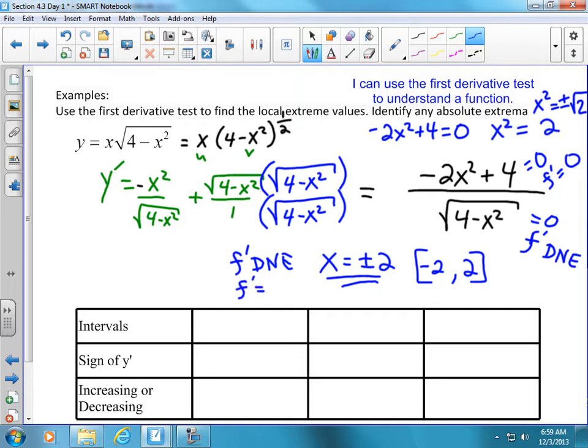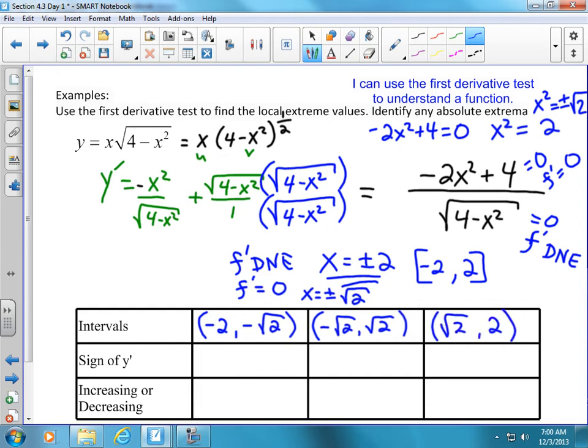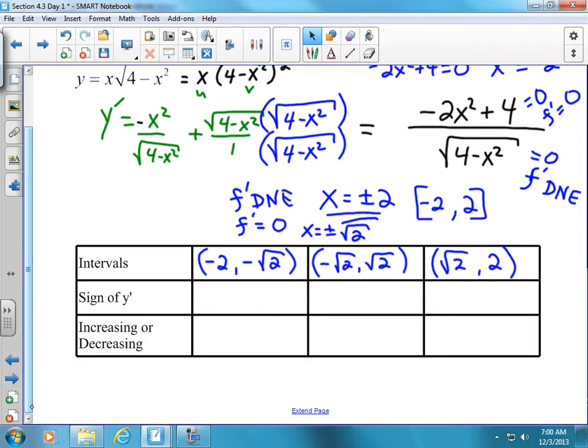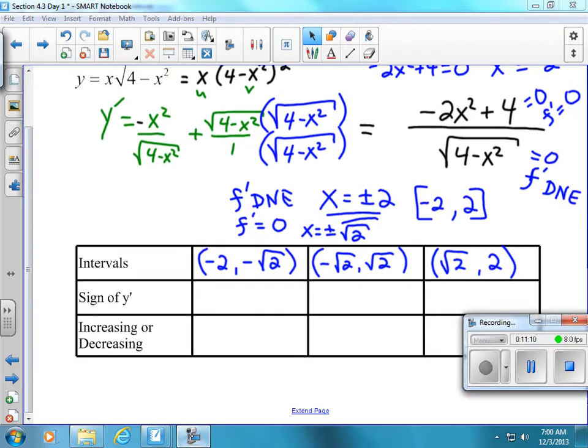The derivative equals 0 at x equals plus or minus square root of 2. Let's set up our intervals. Negative 2 to negative square root of 2. Negative square root of 2 to positive square root of 2. And the last interval is square root of 2 to 2. I know I'm doing this kind of fast, but we should somewhat know this part already.